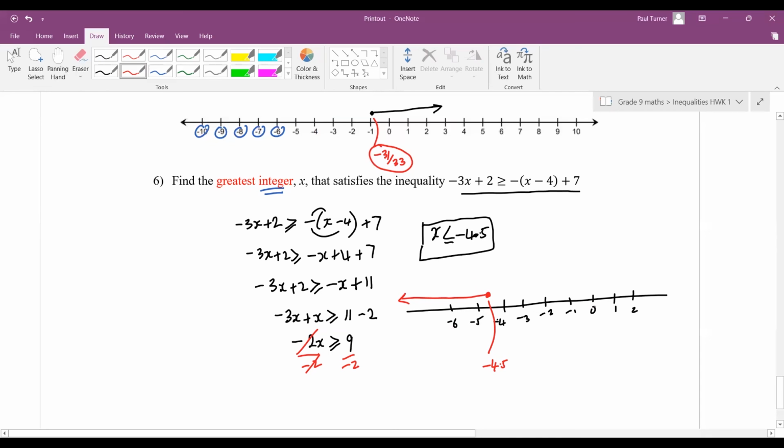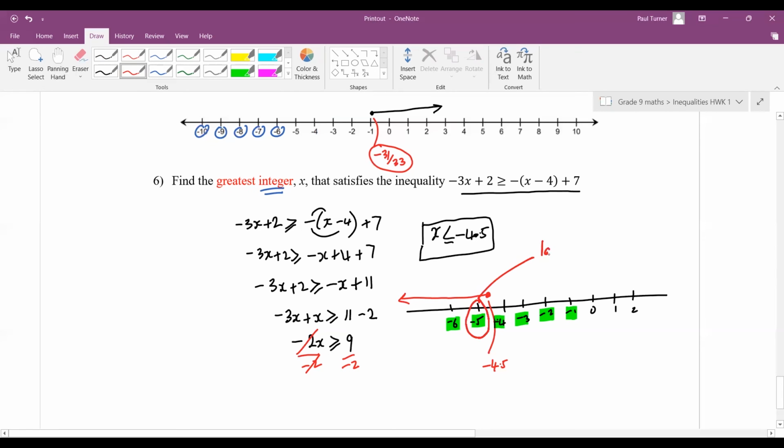And remember, these are the integers. These whole numbers here, these are the integers. So what is the largest integer that lies along this red line here? Minus 6 is less than minus 5. So the largest integer must be negative 5.